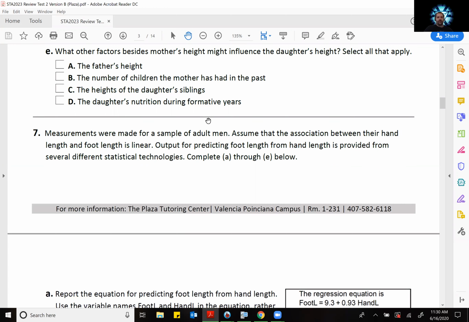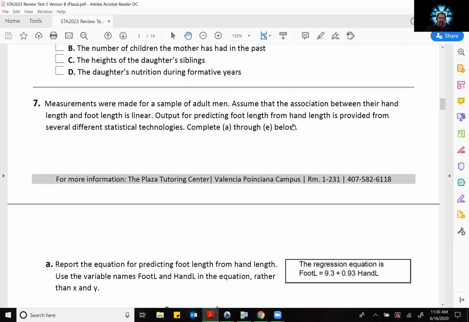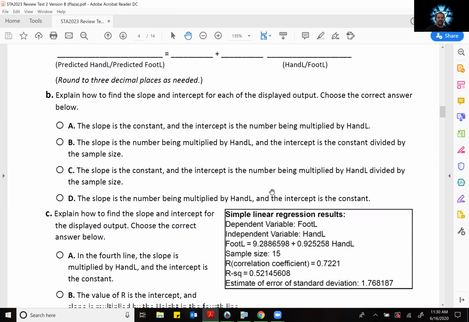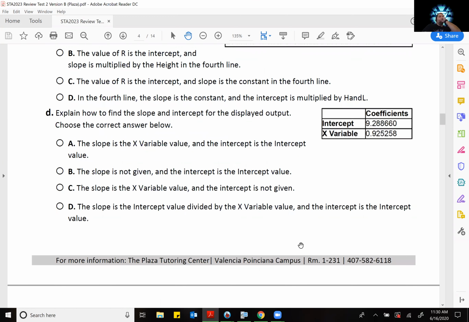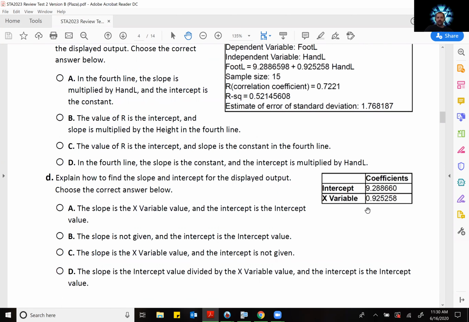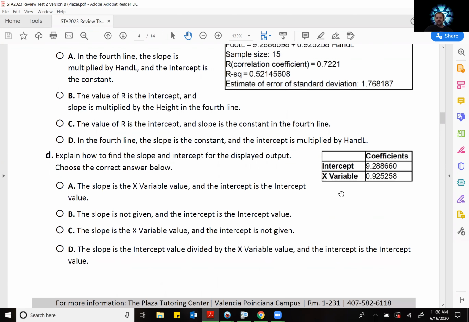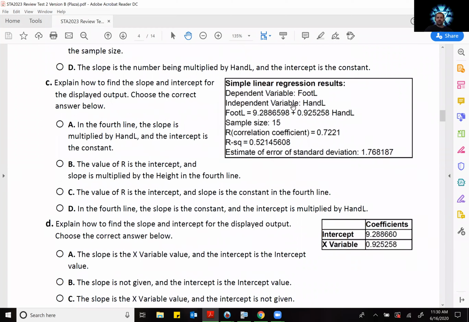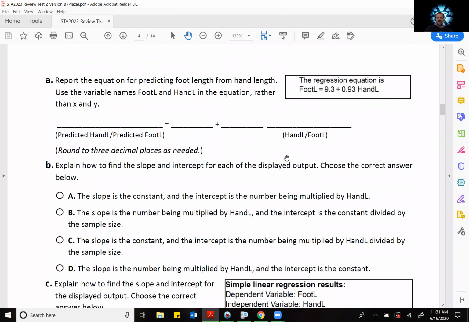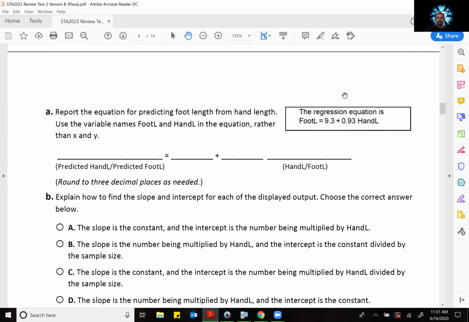The output for predicting foot length from hand length is provided from several different statistical technologies. So here's the TI-84. I think this one's Excel. This is StatCrunch, and I believe this one is Minitab.